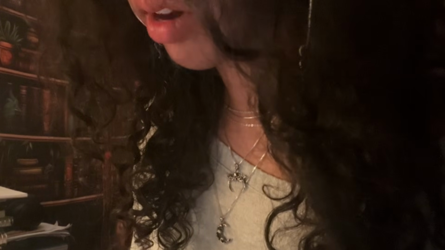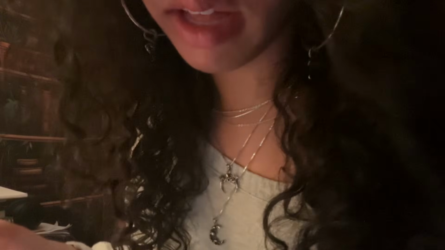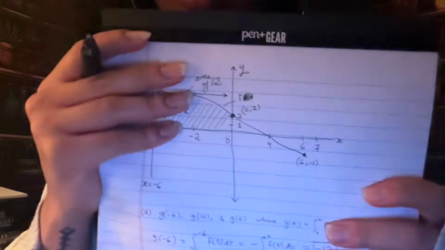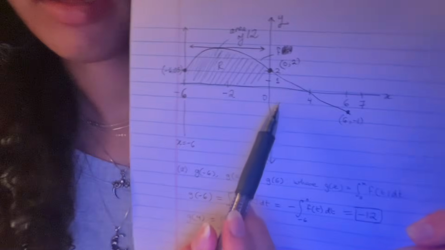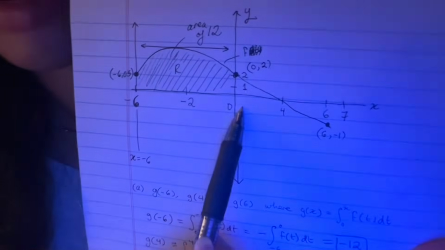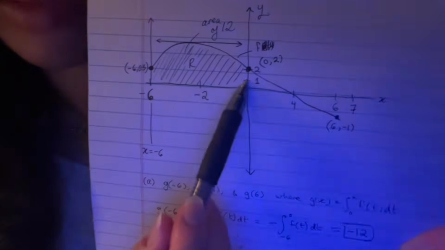G of 4 would be the integral from 0 to 4 of f, which again we can just read directly off of our graph. So from 0 to 4, f goes down here like that.